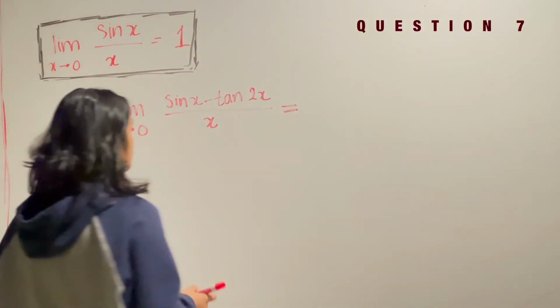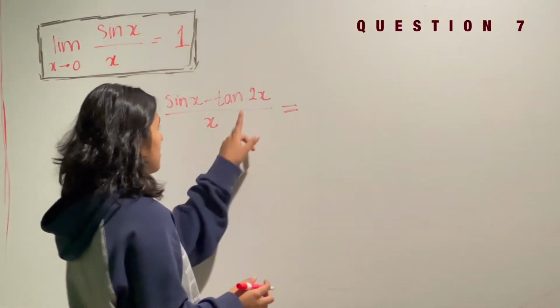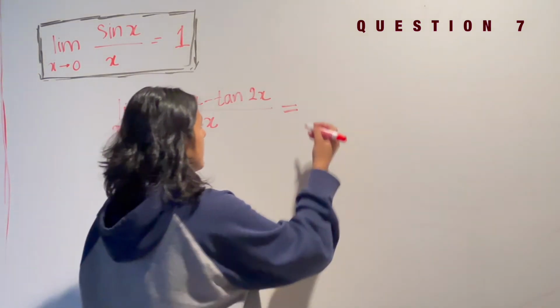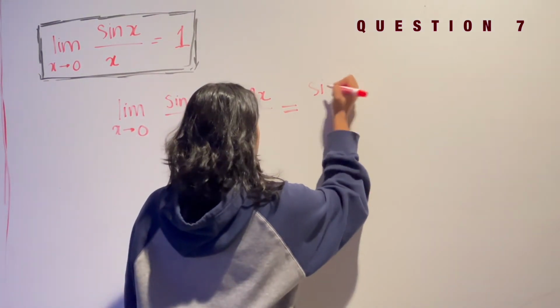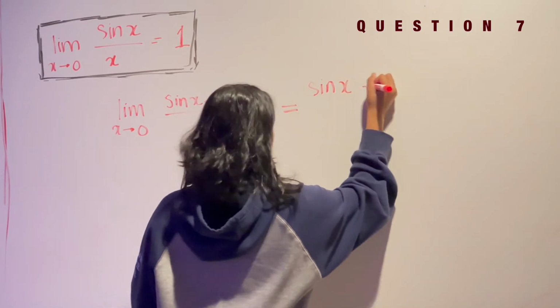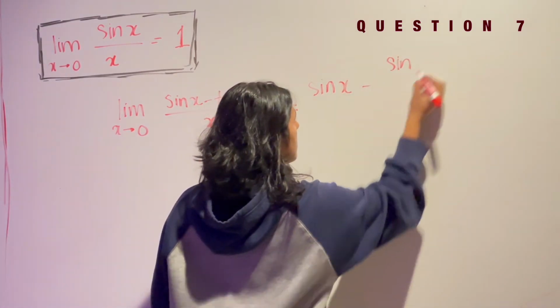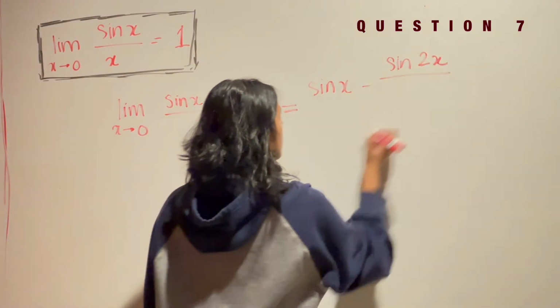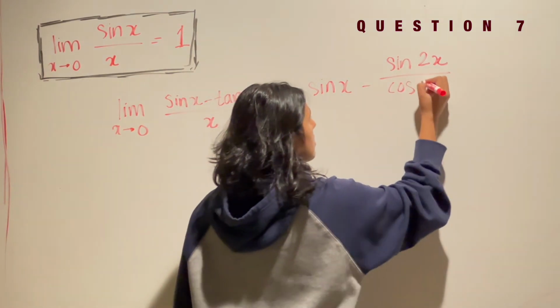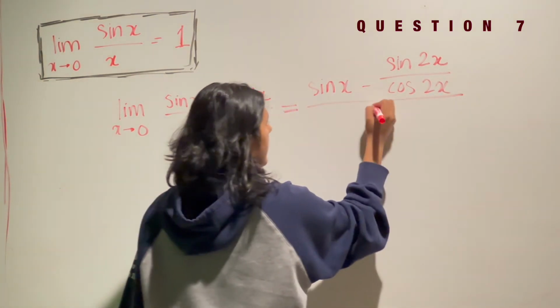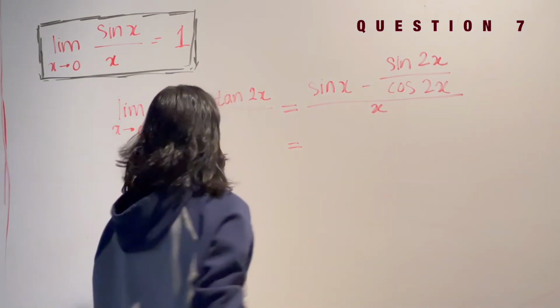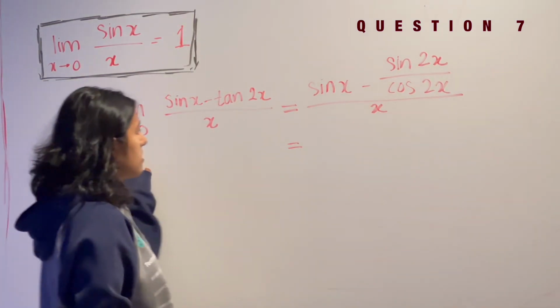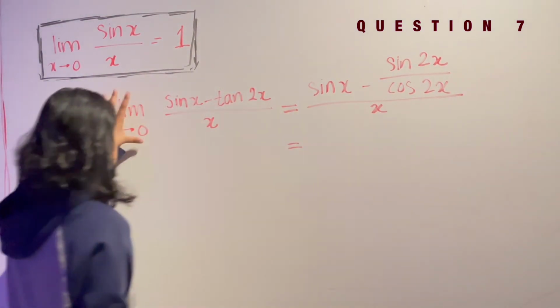So now we see a relationship between the tan 2x. We can rewrite it as (sin x minus sin 2x over cos 2x) all over x. And remember, there's also the limit as x tends to 0. I'm not writing it since I think it's given.